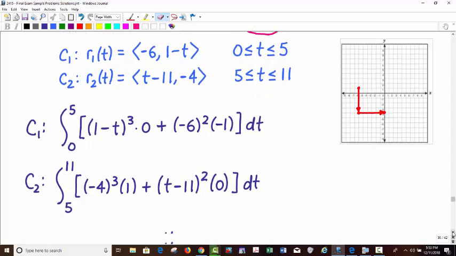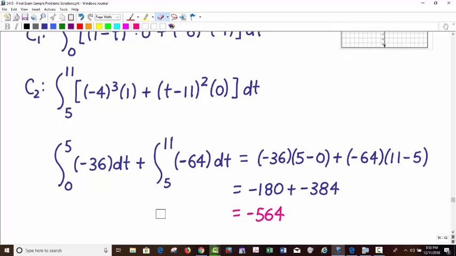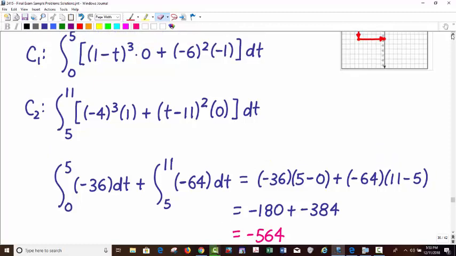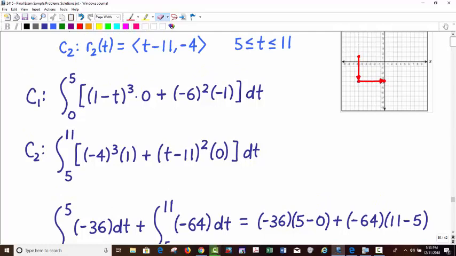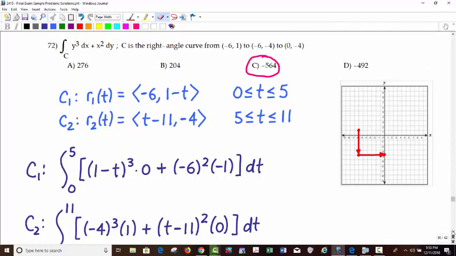This just became super easy, we're just integrating a couple of numbers. So you have -36 dt from 0 to 5, and then -64 dt from 5 to 11. That worked out pretty easy. So yeah, setting that up was the real challenge. It ends up being -564, which is answer C.